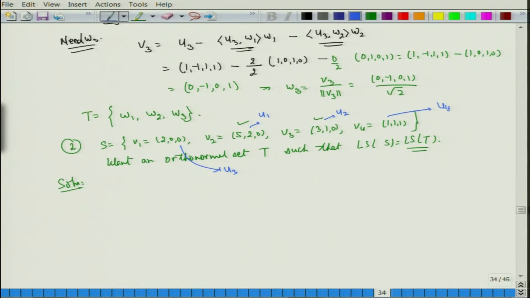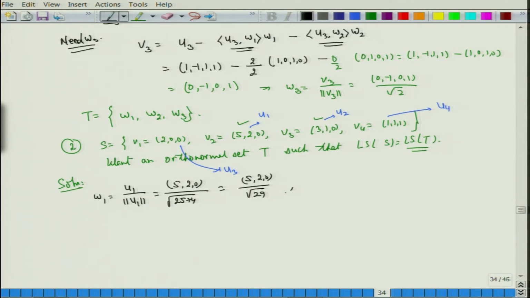Since U1 is this, I define my W1 as U1 upon length of U1, which is (5,2,0) divided by the square root of 25 plus 4, which is the same as (5,2,0) divided by root 29, I hope.